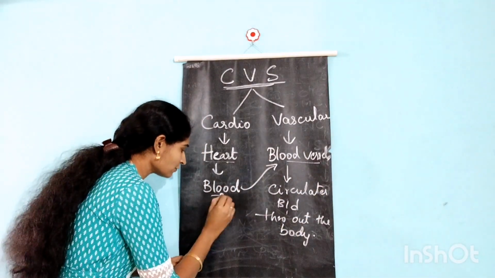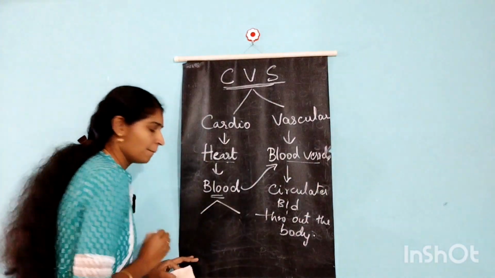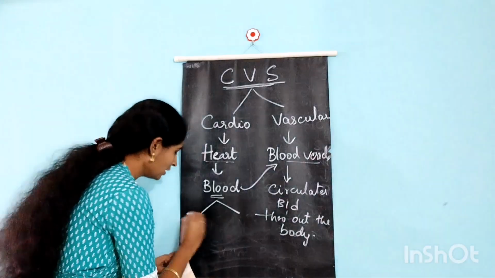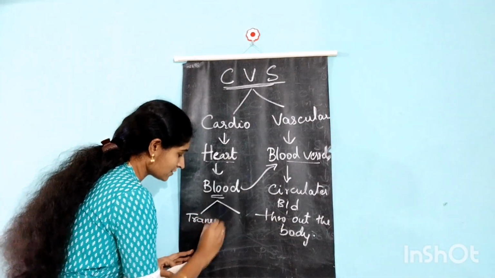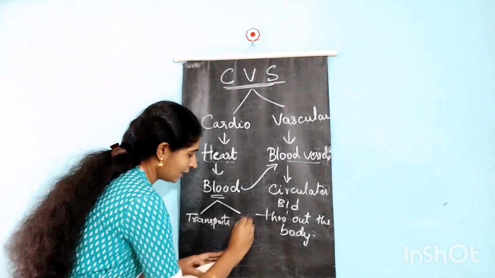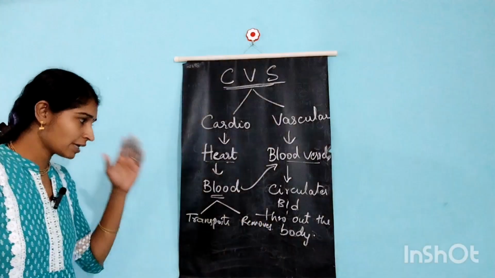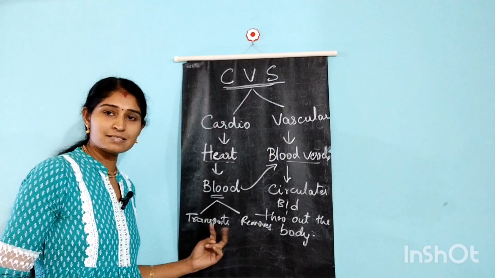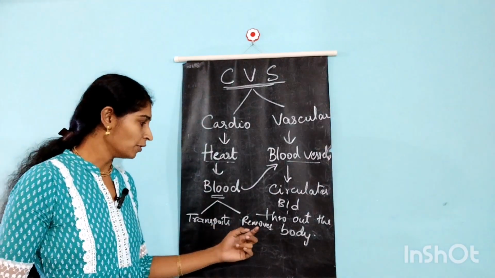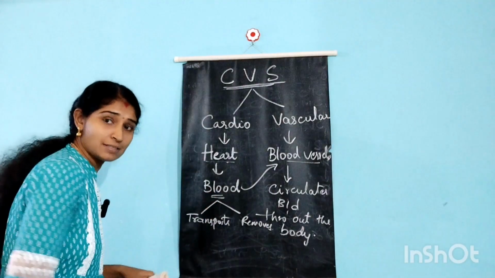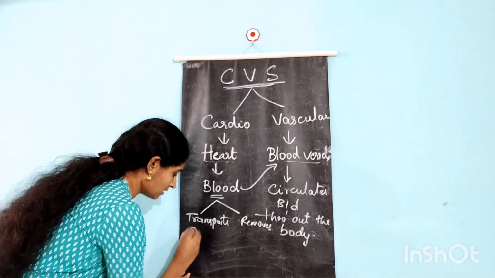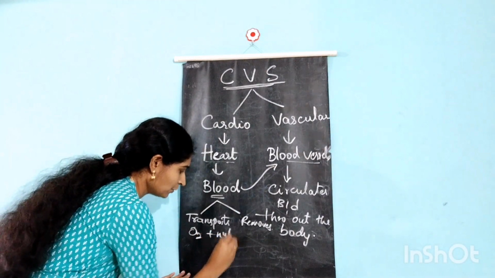Now, both the things we learned, heart and blood vessels. Then what is the function of blood? Blood, what does it do? It transports and removes. Just keep in your mind two things: transport and remove.